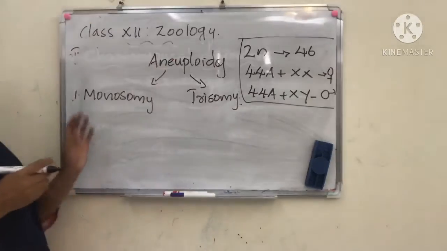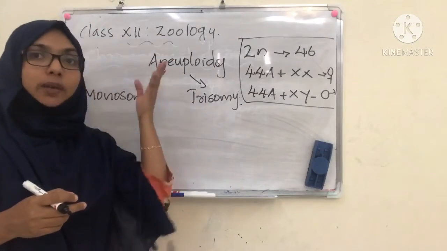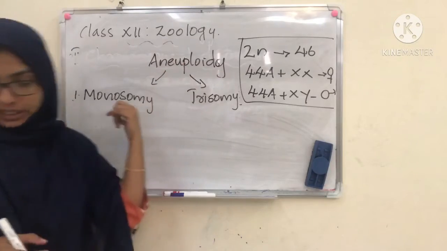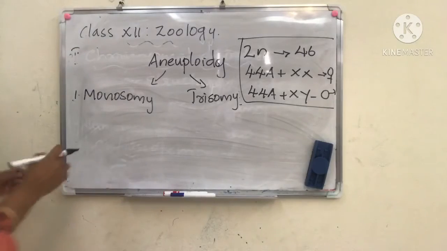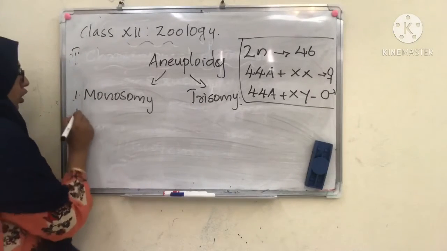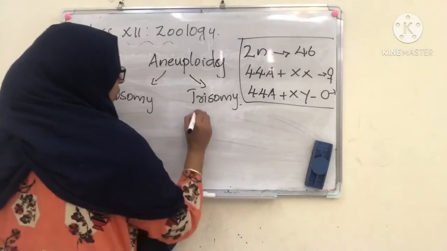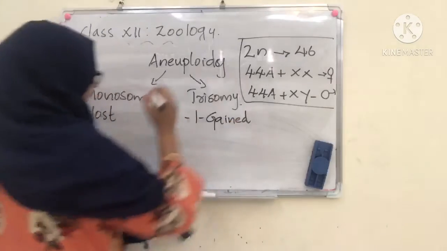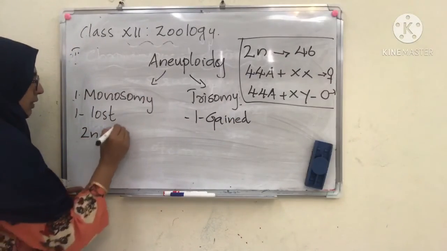We said that either the gain or the loss of chromosomes is known as aneuploidy. Aneuploidy is of two types, monosomy and trisomy. In monosomy, one chromosome is lost. In trisomy, one chromosome is gained. Clear? So what happened? 2n minus 1.